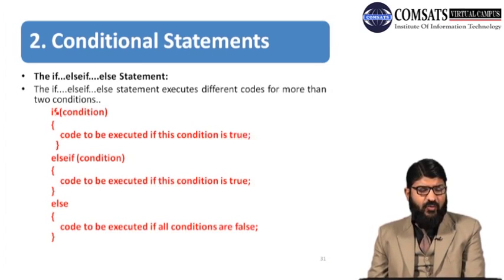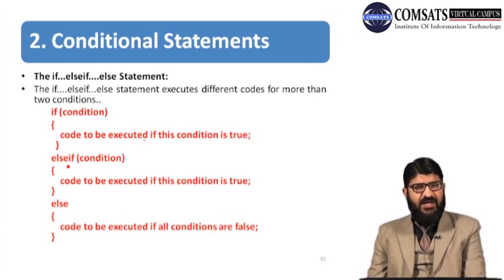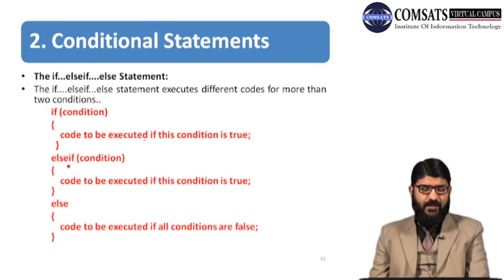If the condition is true, the code is executed. Now the second condition: the first condition is not true, but it is possible that the second condition might be true. So for else if, you write the second condition and the code to be executed. If the second condition becomes true, then you write the particular line of code for it.